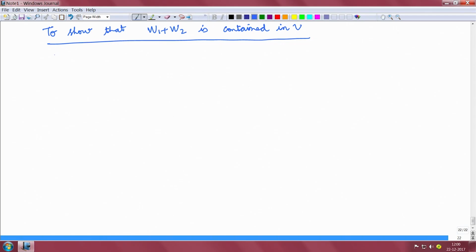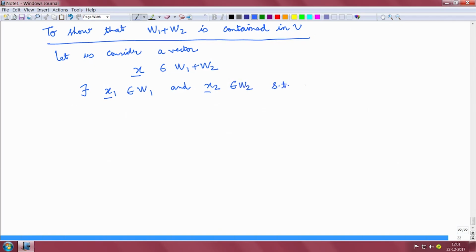To show this, let us consider a vector x which belongs to W1 plus W2. According to the definition, x can be broken down into two vectors, one in subspace W1 and one in W2. So, there exist x1 belonging to W1 and x2 belonging to W2 such that x is equal to x1 plus x2.